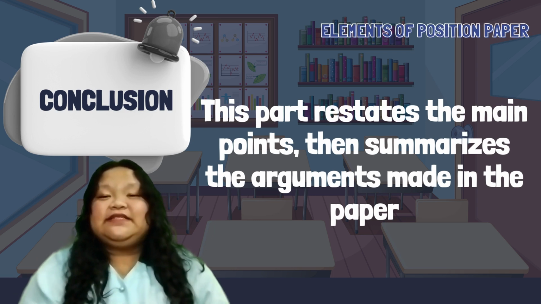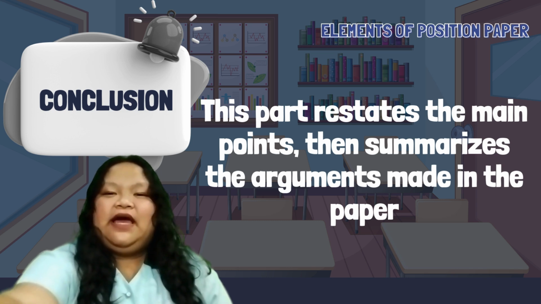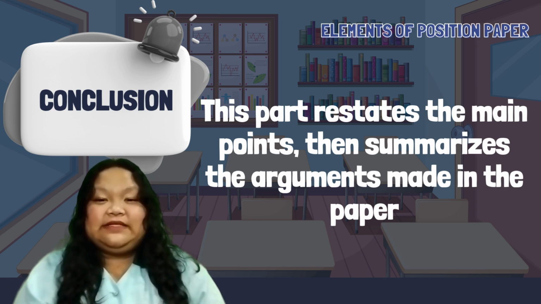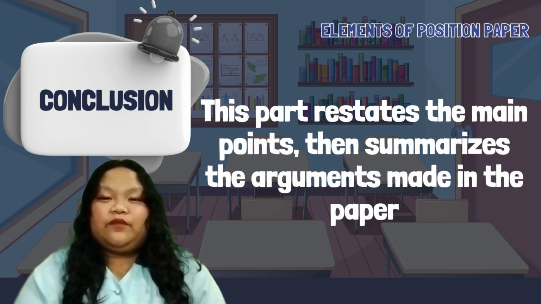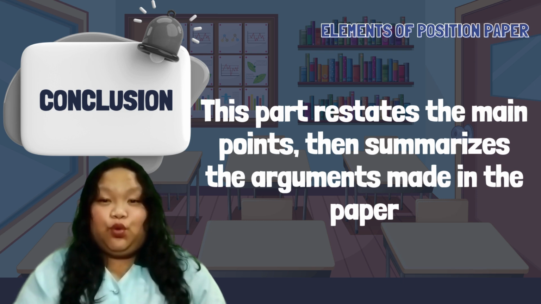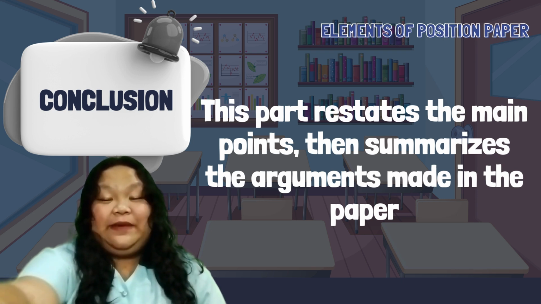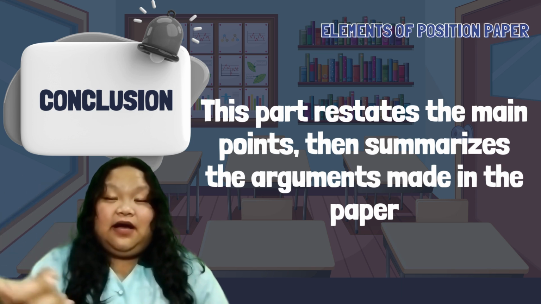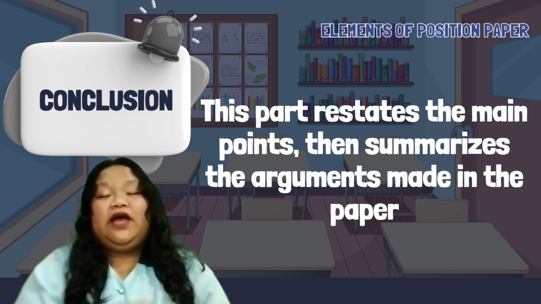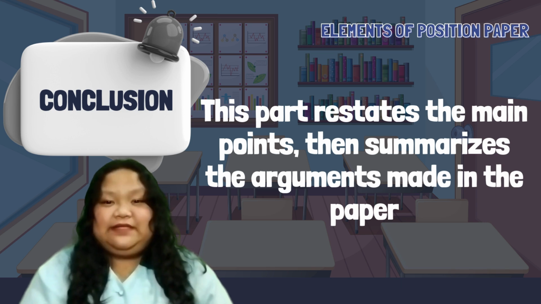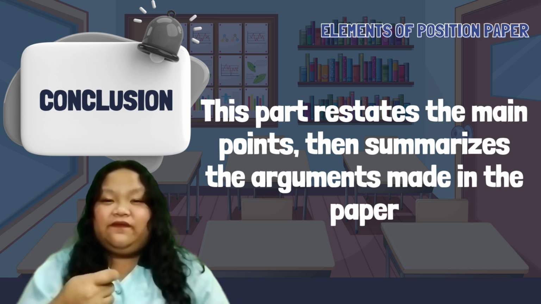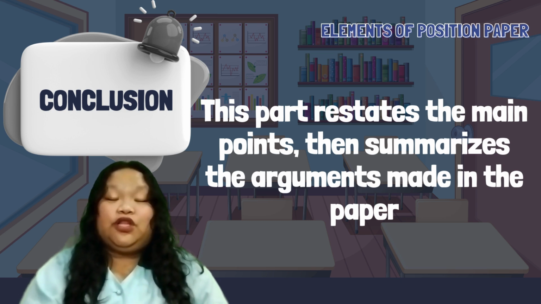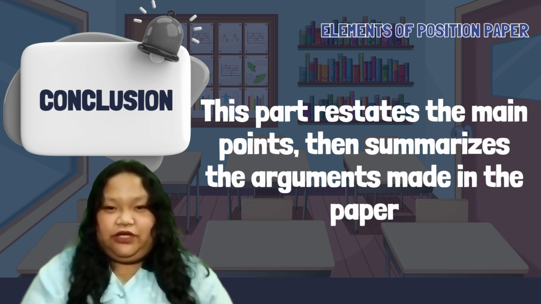And lastly, we have the conclusion. This part restates the main points, then summarizes the arguments made in the paper. Of course, here in your conclusion, you will now conclude those arguments and evidence. So it restates the key points and, as I said, it summarizes the arguments to leave a strong final impression on the reader.